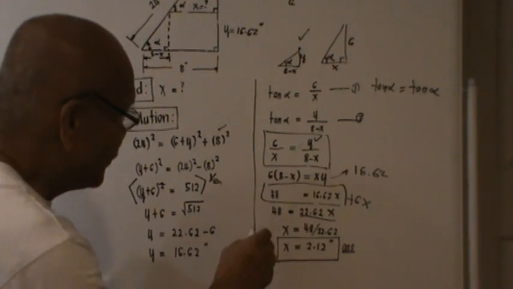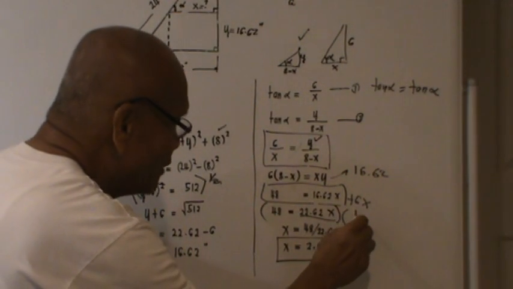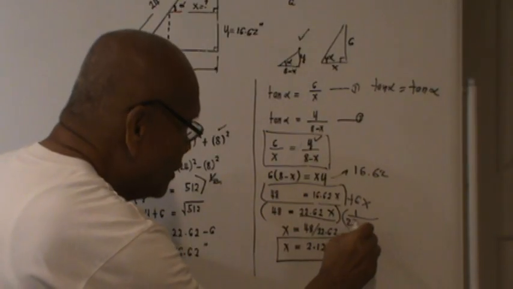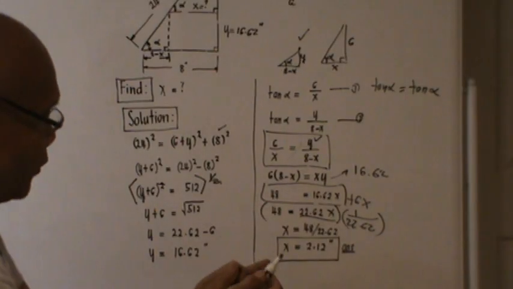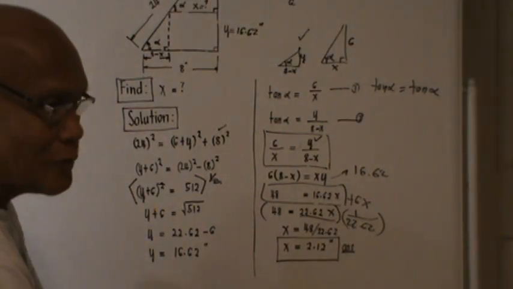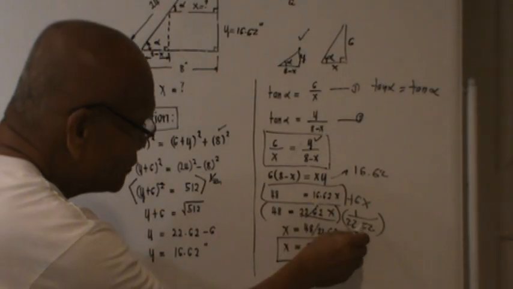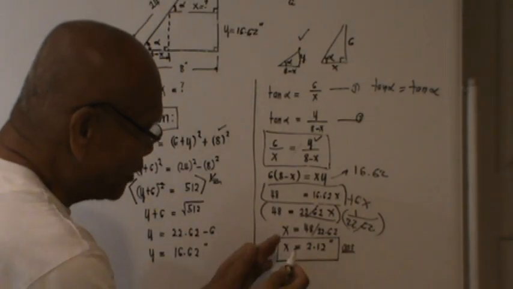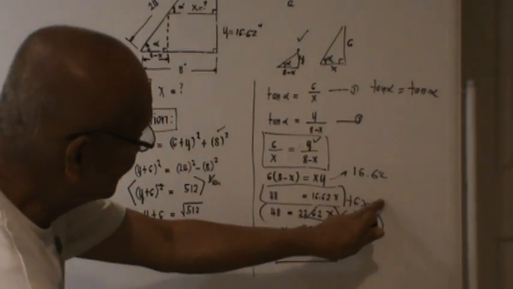And to compute for the value of x, we must multiply this by 1 over 22.62. So for the right hand side, to expedite the solution a little bit, this 22.62 cancels with this. So what remains on the right hand side will be simply the product of x times 1.